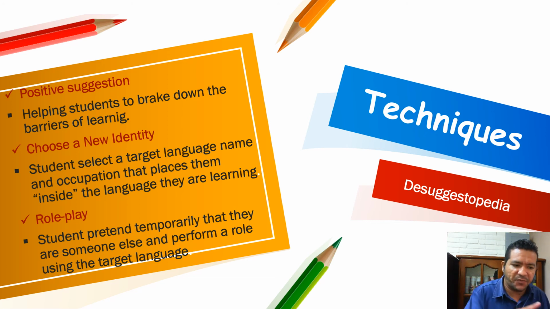Students pretend temporarily that they are someone else and perform a role using the target language. In this case, the teacher depends on which techniques are applied in the classroom. Why? Because the students say, okay, have you watched this kind of movie before? I would like to pretend to be Spider-Man, for example, and you are going to be Batman.